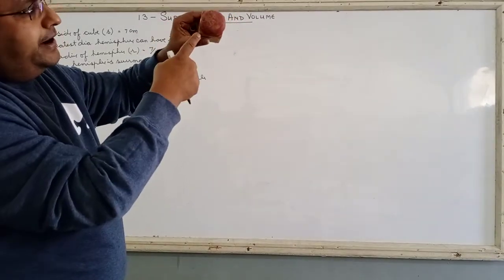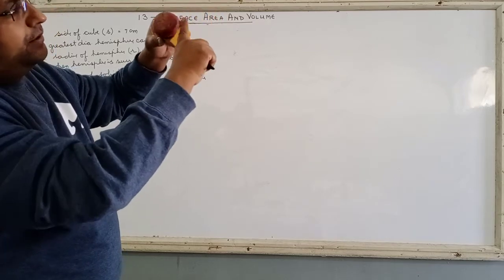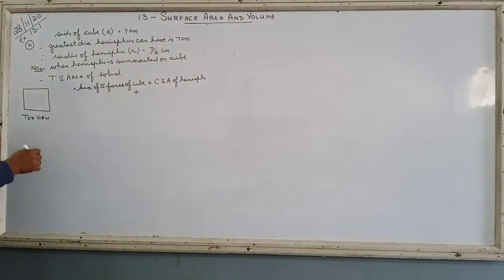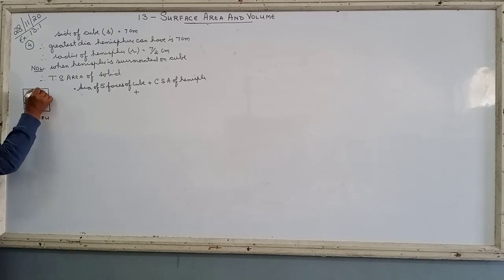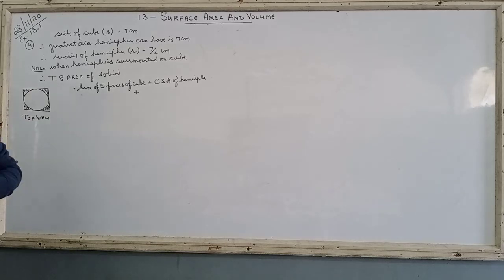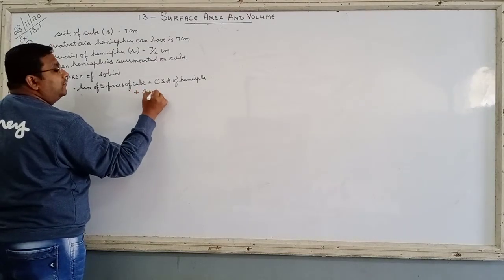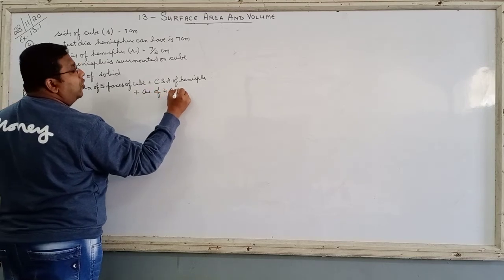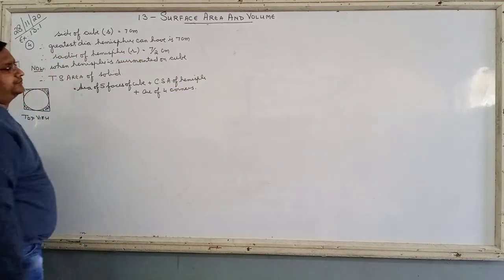These are 4 corners left. Can you see that? A circular design will be there on this cube, and there will be 4 corners left. This portion will be left. Isn't it? Is this area also going to be painted? Definitely. Plus area of 4 corners.